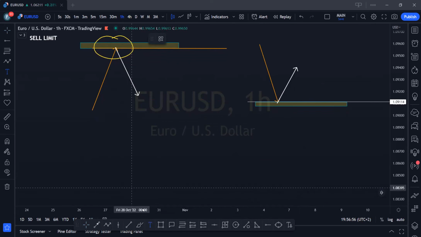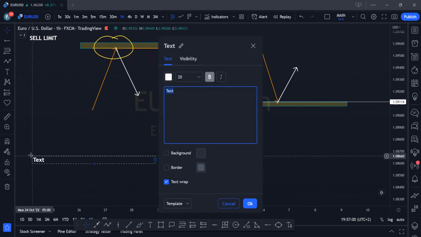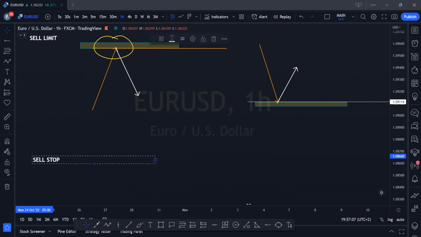On the flip side, let's talk about stop orders. For stop orders, we are dealing with continuation. So let's start with sell stop. The same scenario here. For a sell stop, it's a continuation order, right?